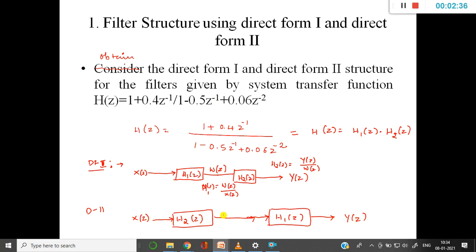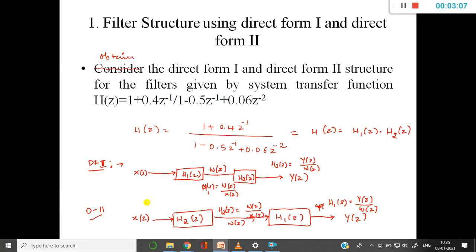Now what is H2 of z? I consider again the same intermediate stage: W of z divided by X of z, and H1 of z is nothing but Y of z by W of z. So we will see what makes the difference between the implementation of direct 1 and direct 2.